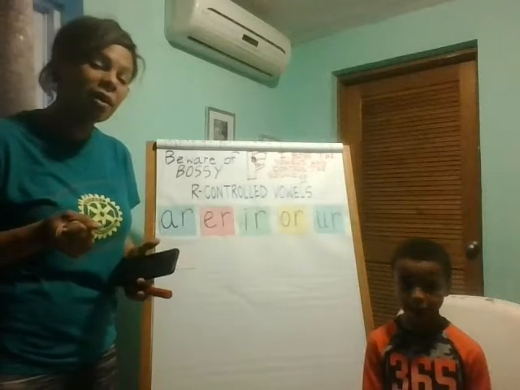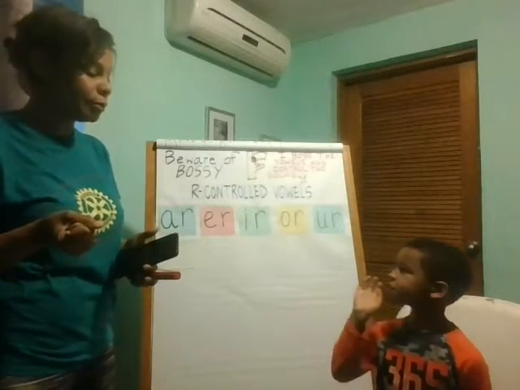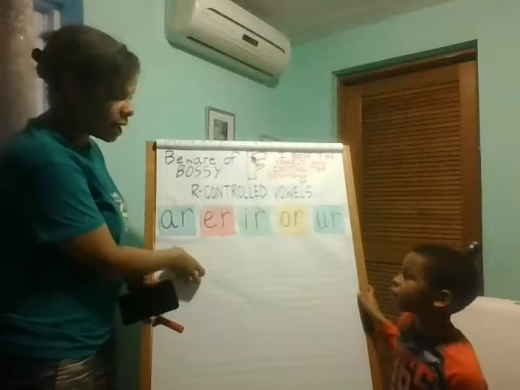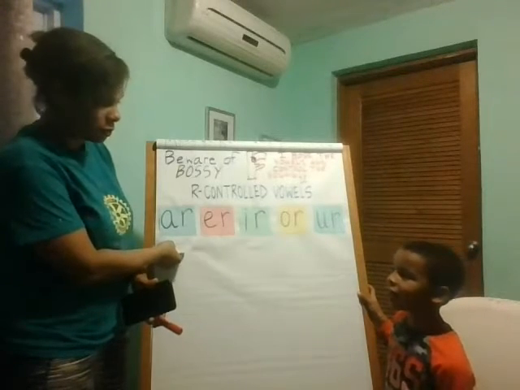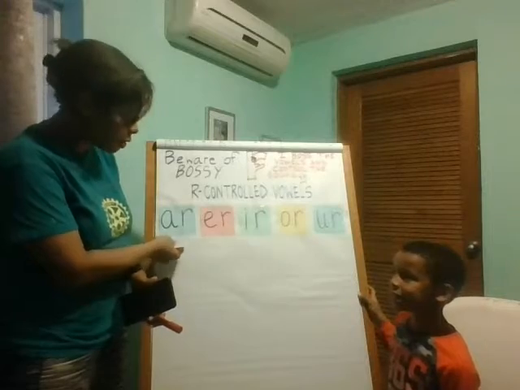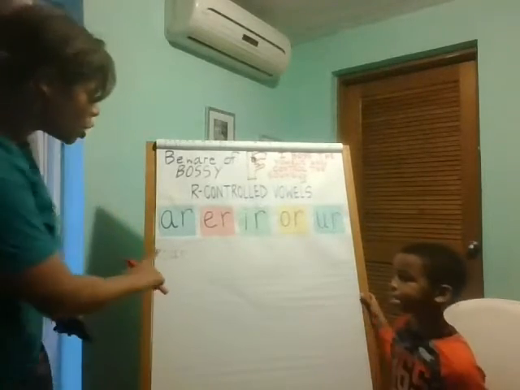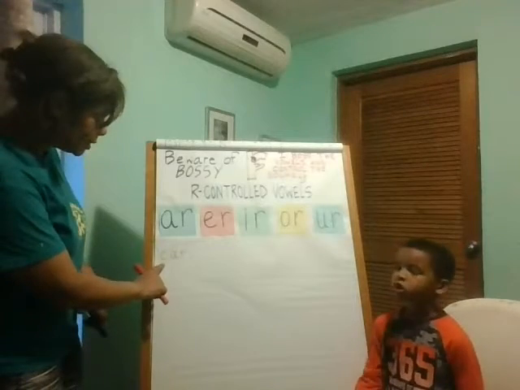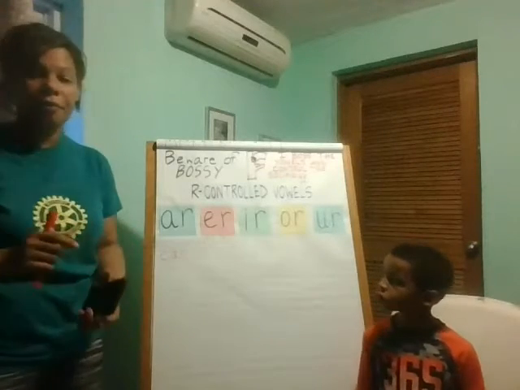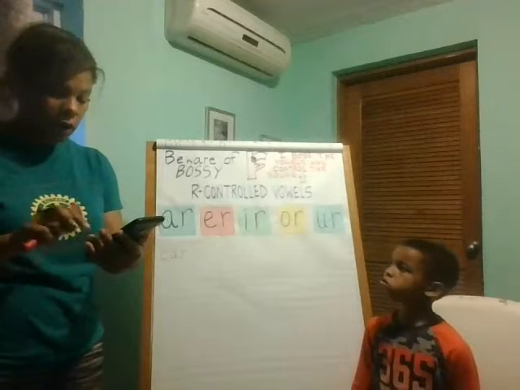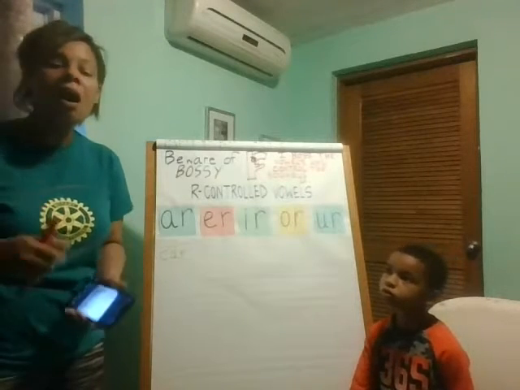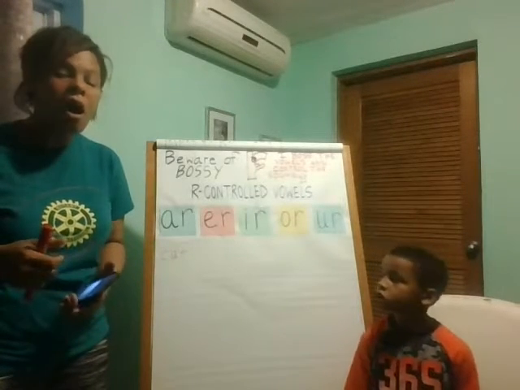What letter makes that k sound? What letter makes the C? Okay, so C. C can make the k sound and K can make the k sound. So our first word is car. C-A-R.